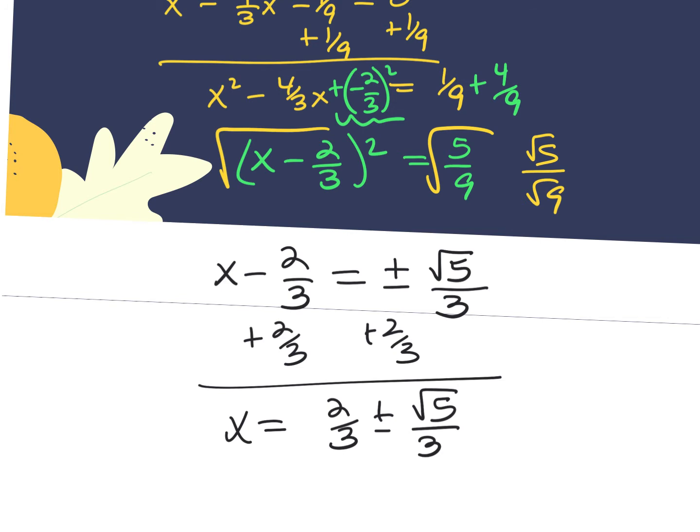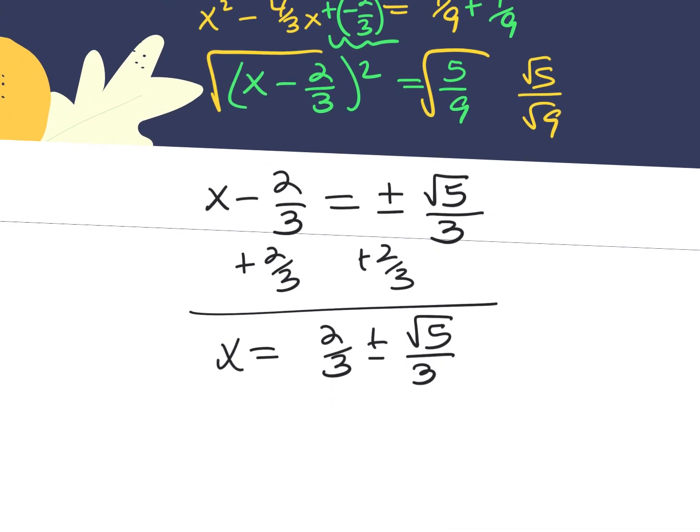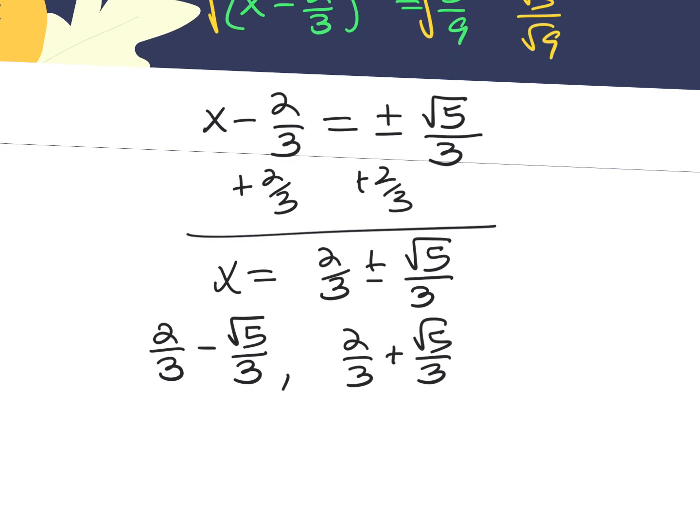And now I'm done. Again, on WebAssign, it's going to expect you to pull them apart. So you would do 2/3 minus square root of 5 over 3, and then 2/3 plus square root 5 over 3. Keep in mind, if you ever see this on an SAT, they might also combine it since it has a common denominator.